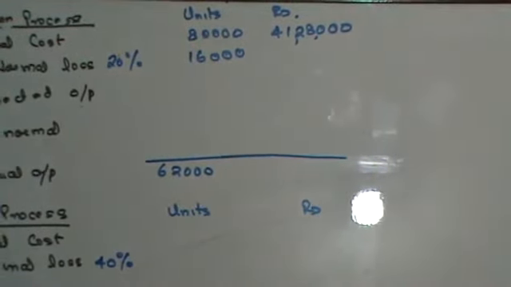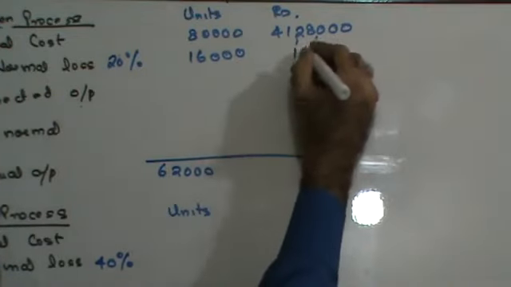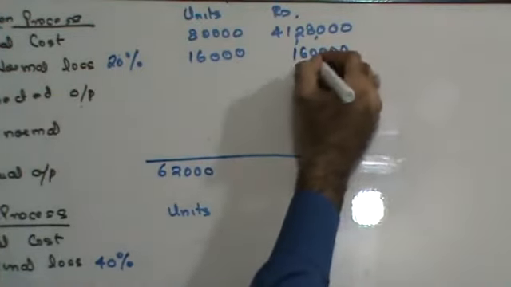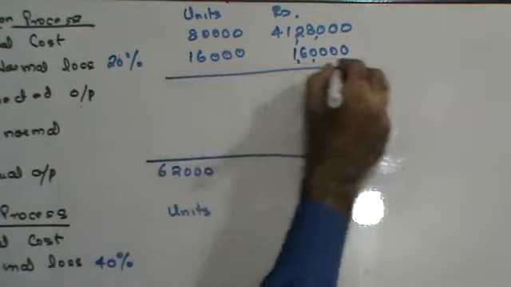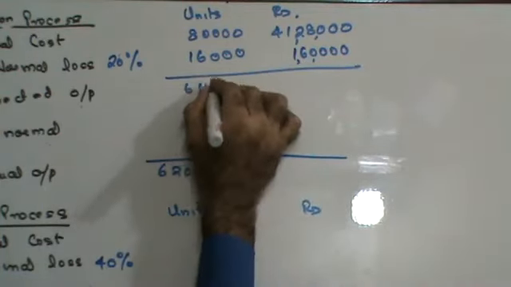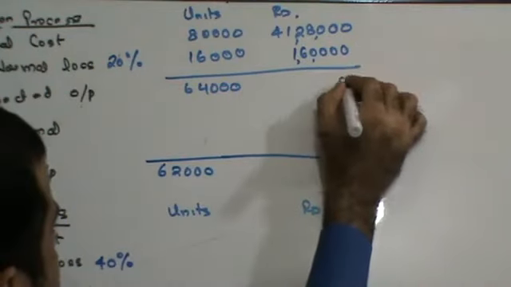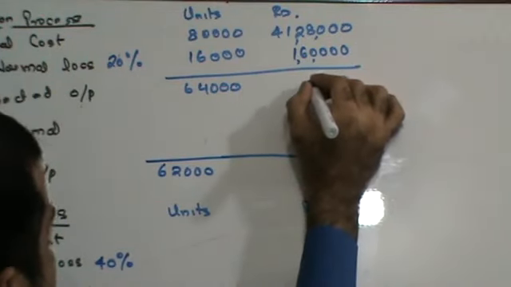Normal loss is to be calculated at the rate of scrap. Now if you see the sum at the end, they've given you scrap value per kg for ingestion process is 10 rupees. So 16,000 into 10 will give you 1,60,000.